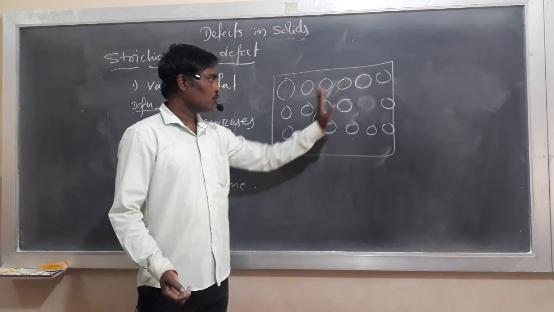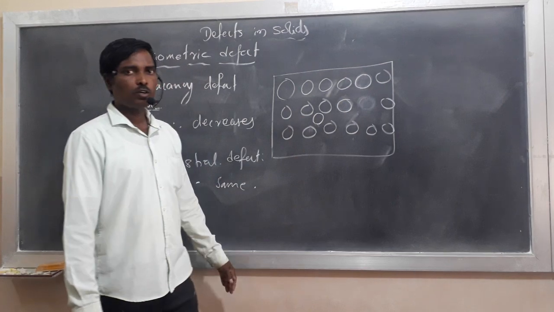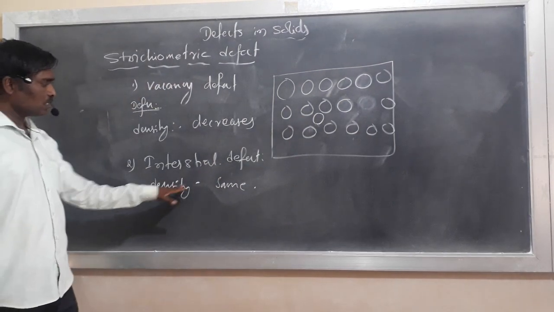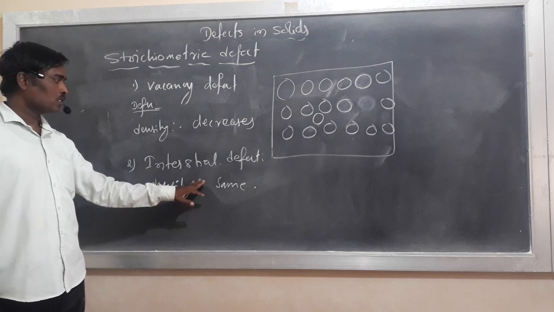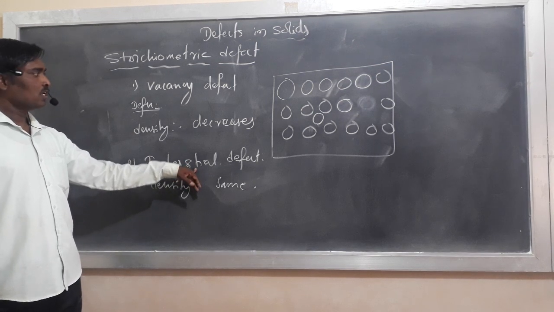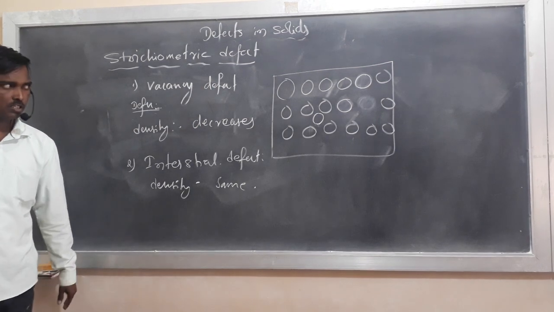Instead, they occupy some interstitial position. The particles are present in that crystal only, they are not completely removed. Therefore, the density remains the same. If the density is the same even after the defect, then it is an interstitial defect. If the density is decreased, then it is a vacancy defect.